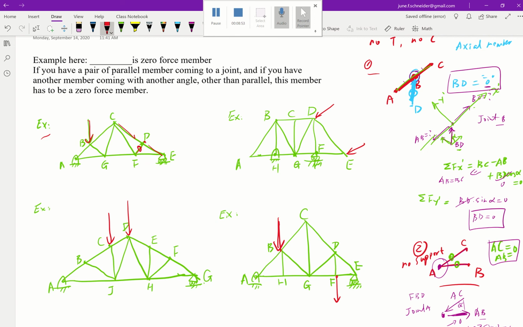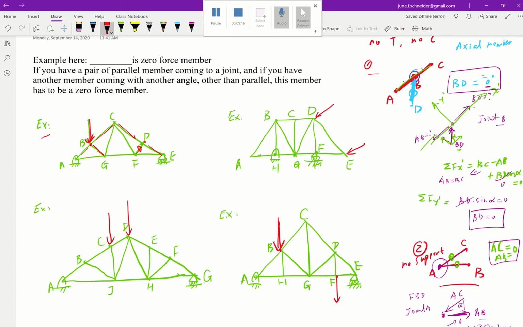Okay. Then what else do we have? How about BG, is this one a zero force member? You might say, okay, AB and BC join at B, and BG comes at an angle. However, there is an external force here.